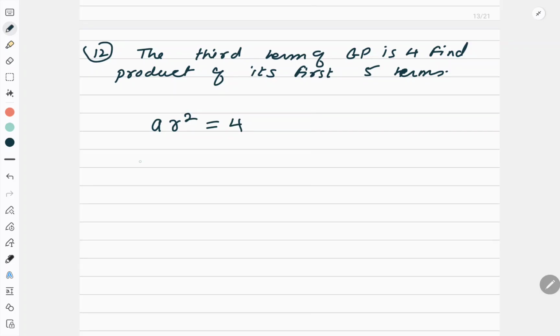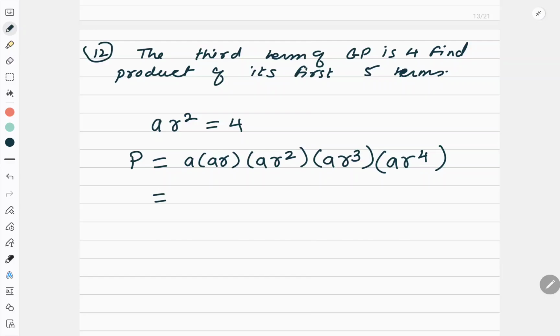And the product of first 5 terms, let me represent it by P. So a, ar, ar square, ar cube, and ar to the power 4. So this will become a to the power 5 and r to the power 1, 2, 3, 4 ... 10. Okay. So P is equal to (ar square) to the power 5.